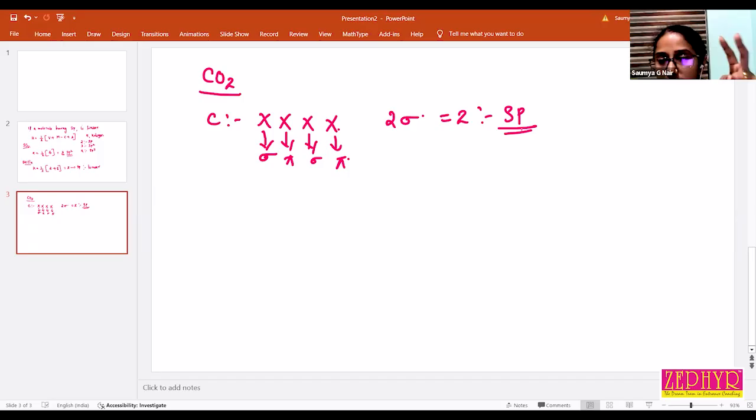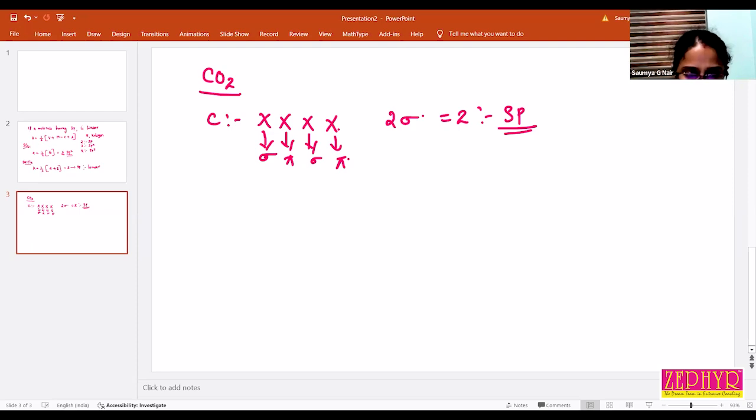So each oxygen atom forms 1 sigma bond and 1 pi bond with the carbon. 2 oxygen, so 2 sigma and 2 pi bonds. Pi bond is not taken for hybridization. Finally 2 sigma only, sp.